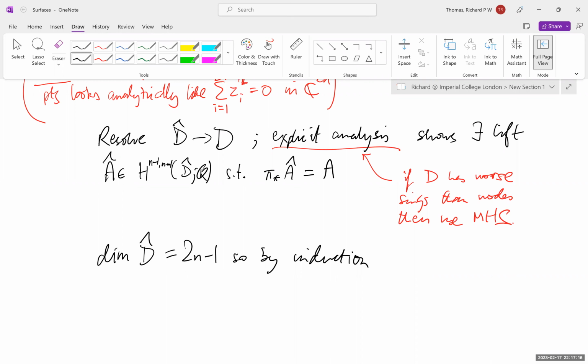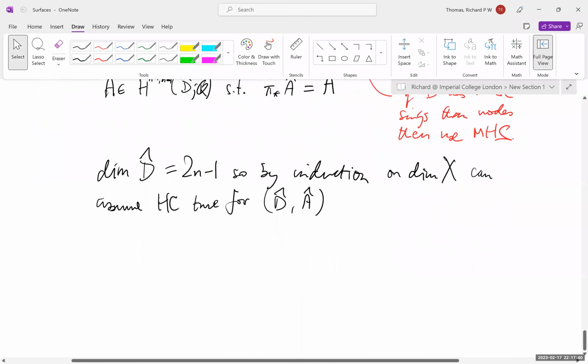And so now I just carry on with my induction again. So my induction on dim X, I can just carry on. I can assume the Hodge conjecture is true for D hat and A hat. So we just carry on with our standard Lefschetz hyperplane induction.